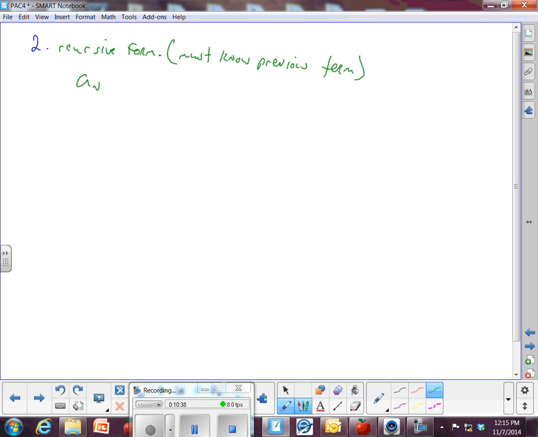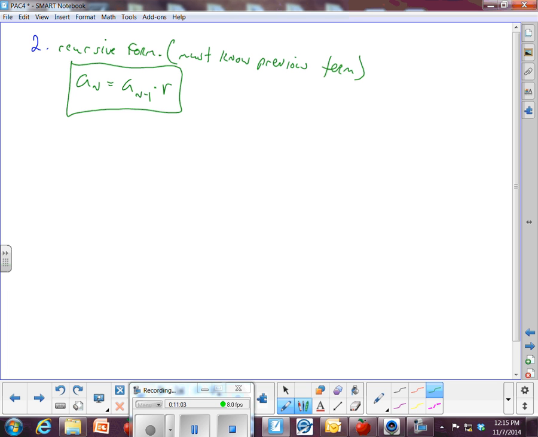So it's a sub n, something general for everything. There's the a sub n minus 1, the previous term. And it's pretty easy. It's times r, which is the common ratio.